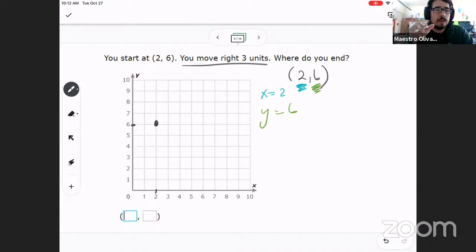Wait, I just realized on your screen, does it show me actually moving to the right, or am I moving to the left right now? Like my hands, is it moving to the left or to the right? It's going in the opposite direction? Oh, that is hilarious. I am so sorry.